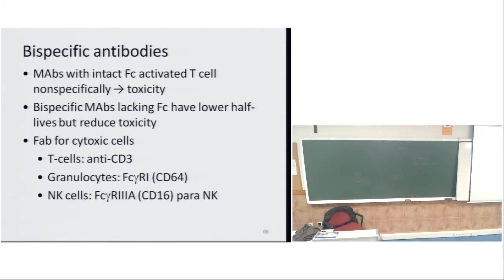If one part of the variable region is able to recognize CD3, we'll have the presence of T cells. We can attract T cells that are important for killing the target cell. We can use an anti-CD64 variable region to recruit granulocytes, and even NK cells with CD16.